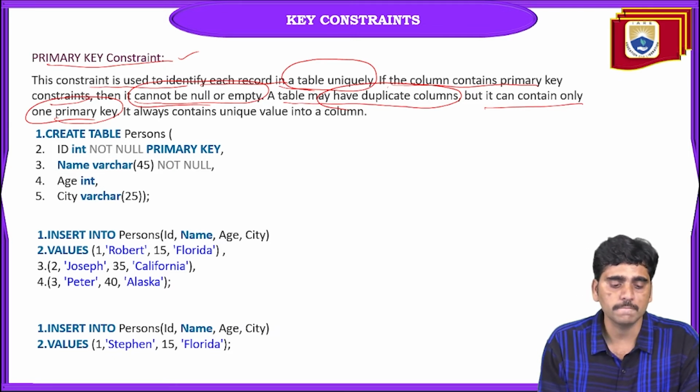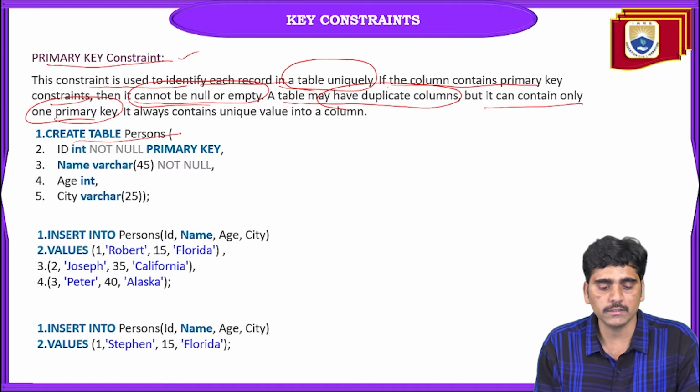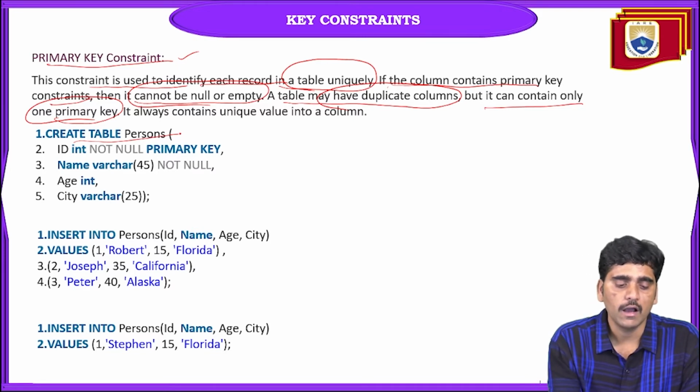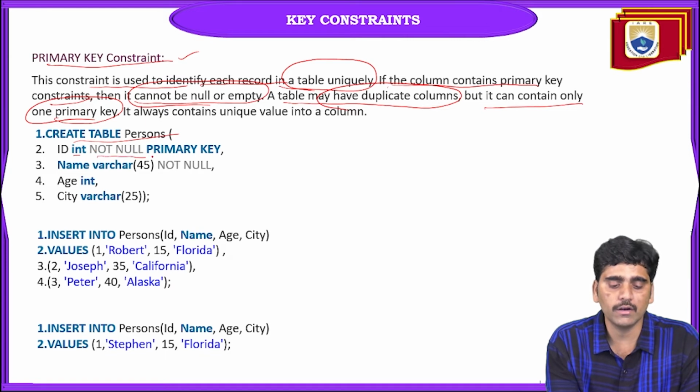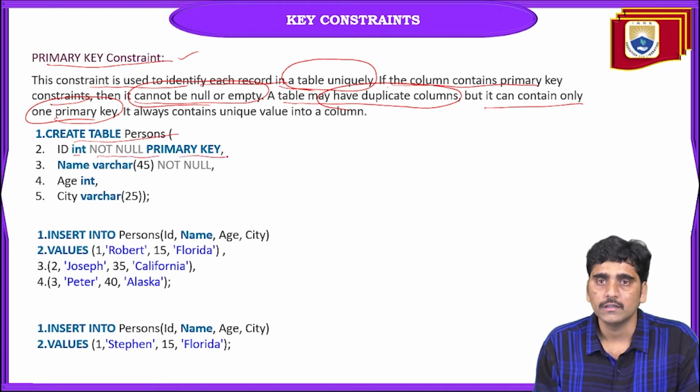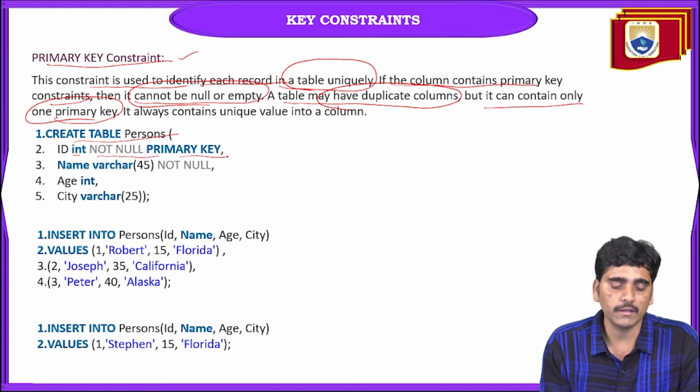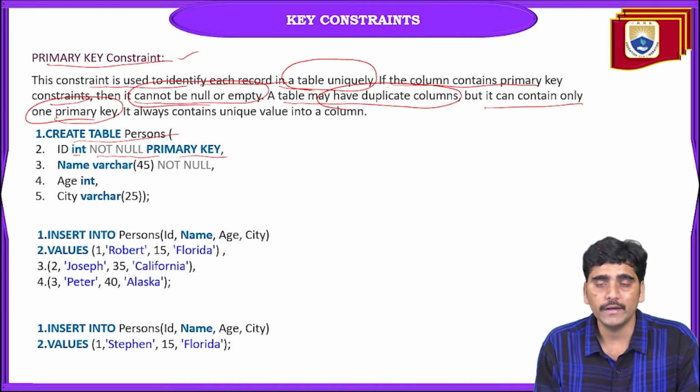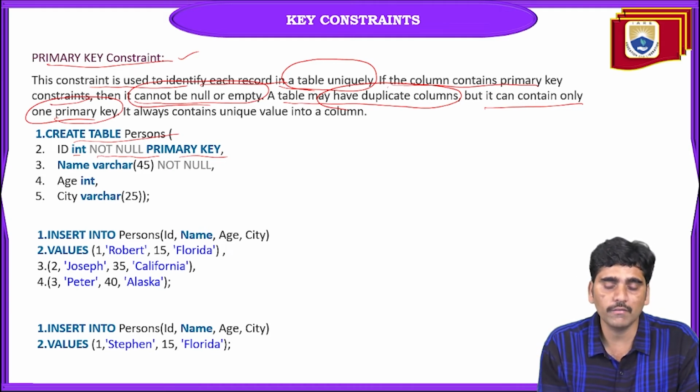So we'll see here: create table persons. ID, integer is the data type, and the constraints are what? Not null and primary key. There are two constraints we are applying for this ID column. It should have values, not null values, and it should be a primary key.